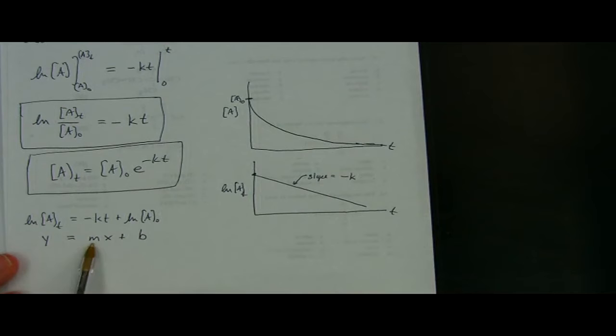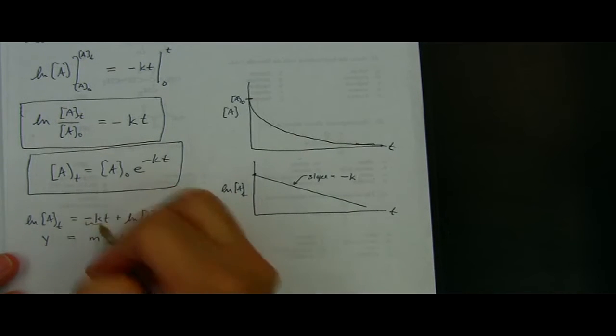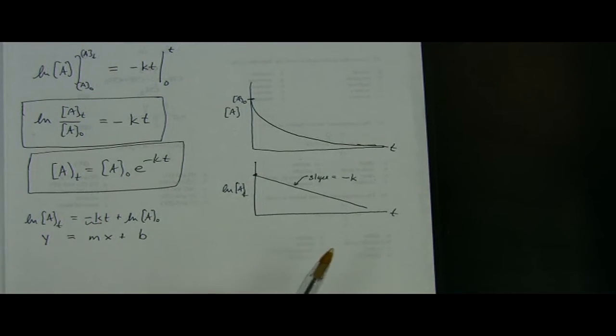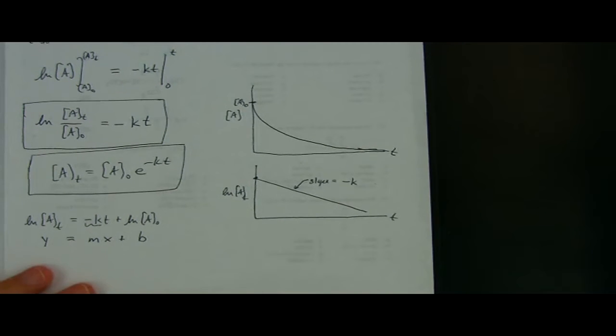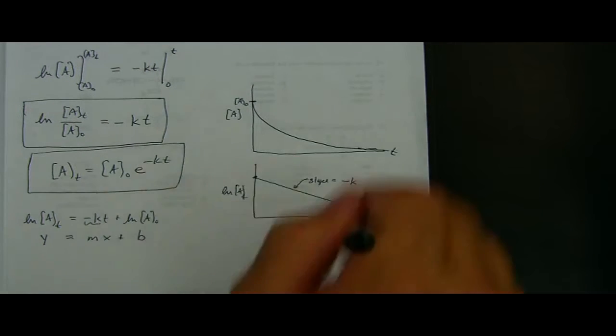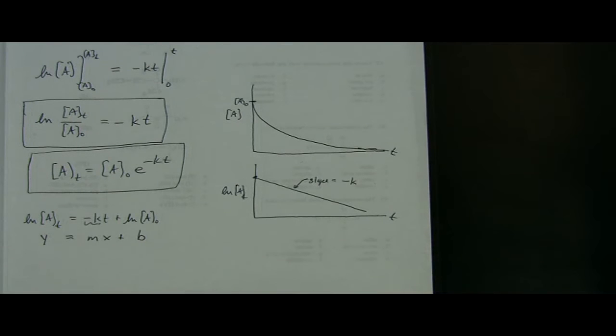The slope m, since t is the variable, is equal to minus k. It certainly is a negative number, right? It's going down. Negative slope. So that will be useful to us when we want to determine the order of a reaction differently than what we talked about before. And you'll see that after we do it a little bit more.